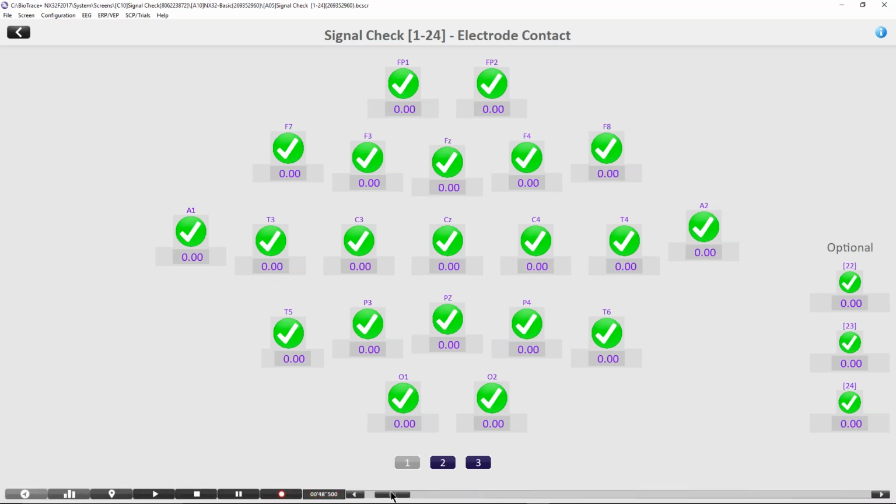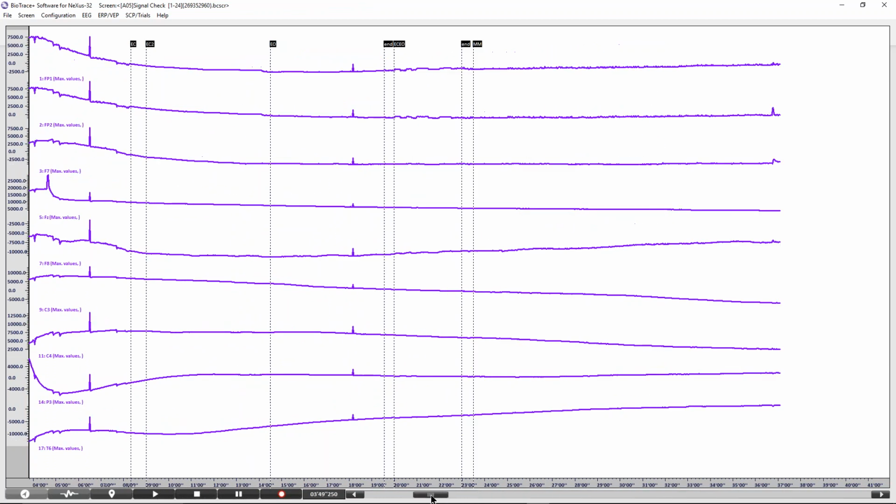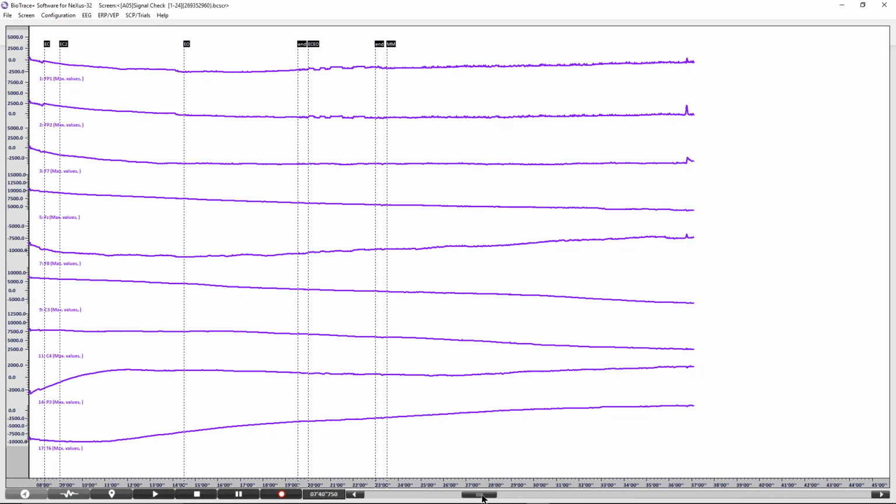Sorry, it put us back to the beginning, unfortunately, as soon as we changed locations. So we've got good connections in all of those locations, and we've got to go back to where we were at the beginning.